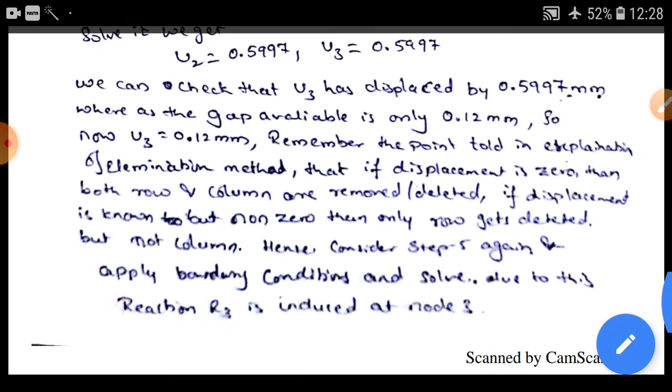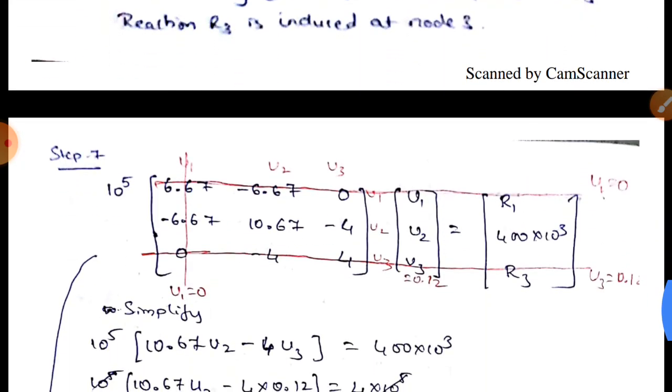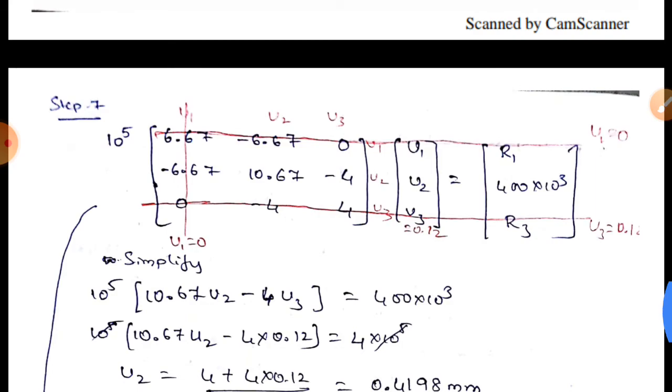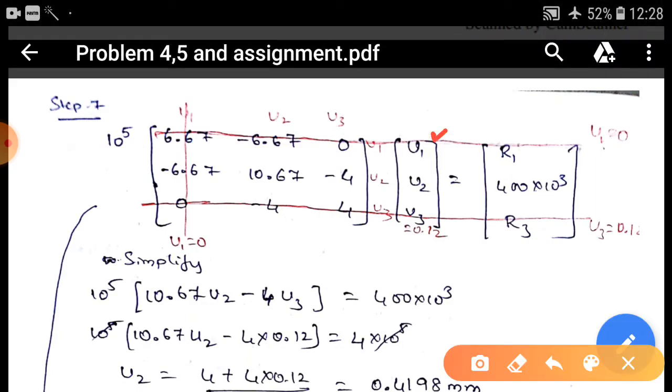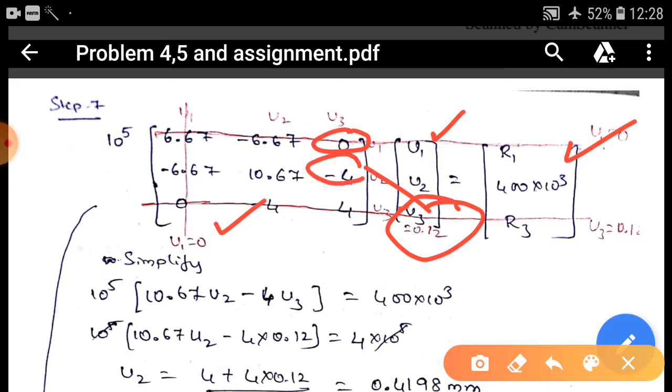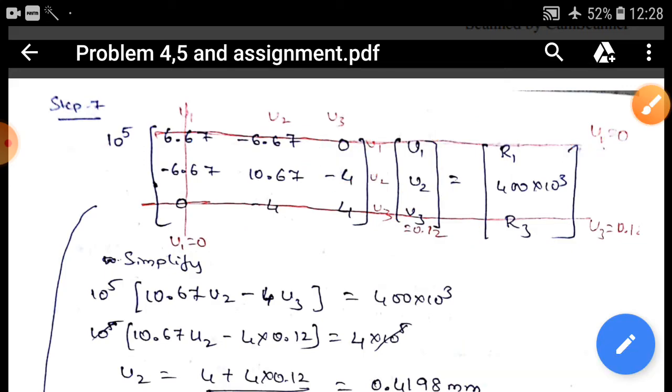Here u1 is 0, so the corresponding row and column get eliminated. Because u3 is 0.12, I have eliminated only this row, so I don't need to solve that row because u3 is known. But I am not eliminating this column because 0 multiplied by 0.12 becomes 0, whereas minus 4 multiplied with 0.12 is a non-zero element. We cannot remove that, so this is the reason why we need to retain the column.